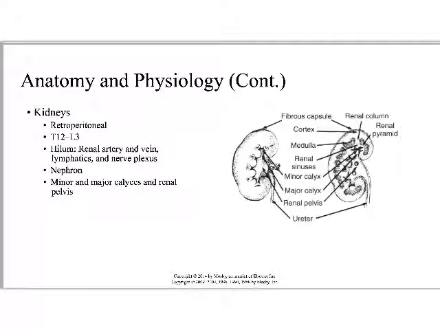Kind of weird, but I want us to be familiar with that. If we're accessing it just through the skin, they may go directly into the kidney, accessing it through the hilum and then into the renal pelvis.